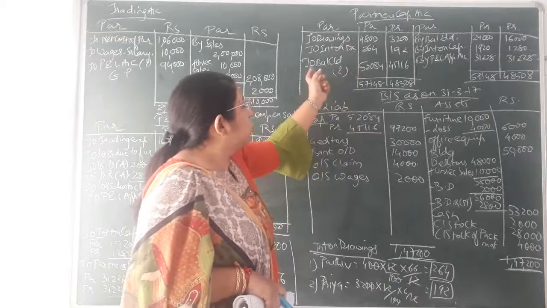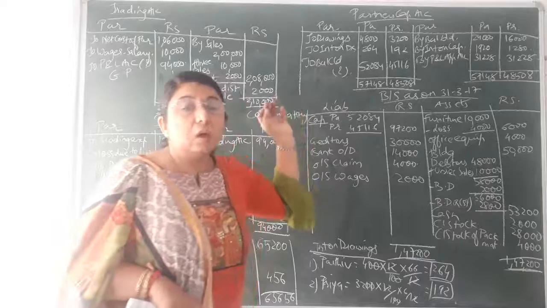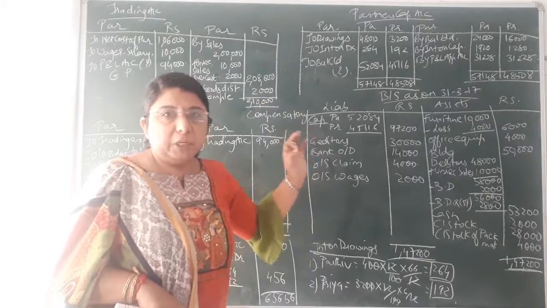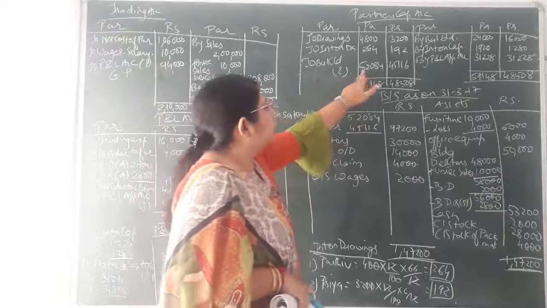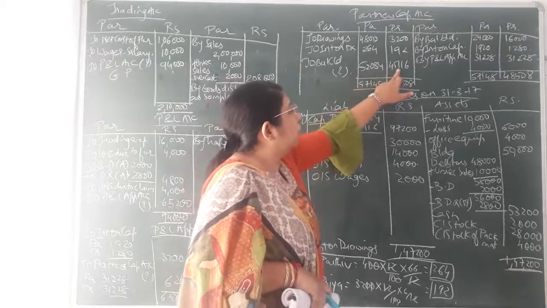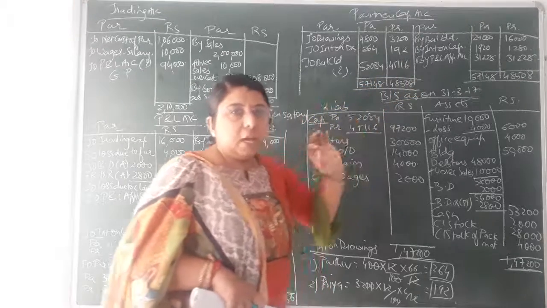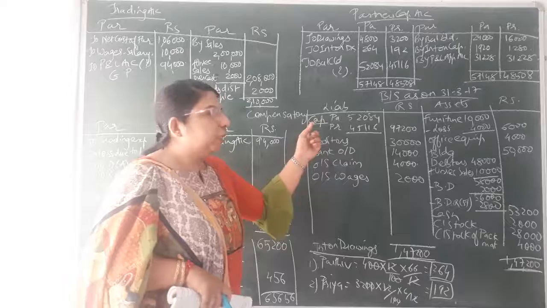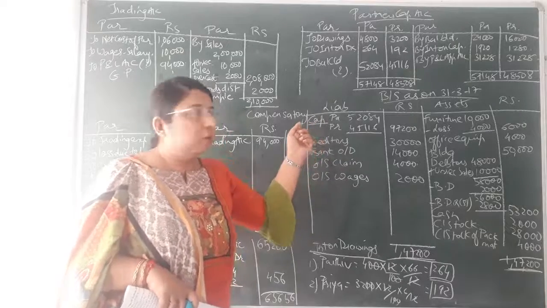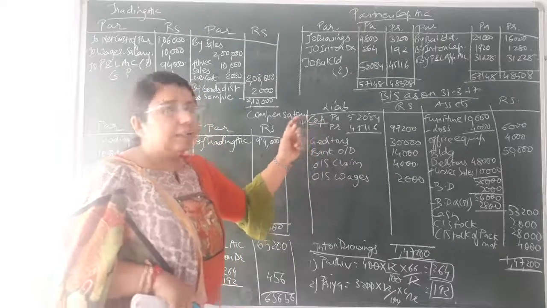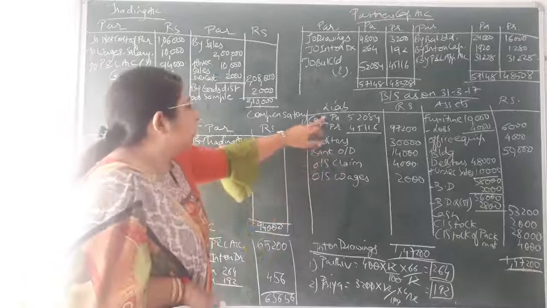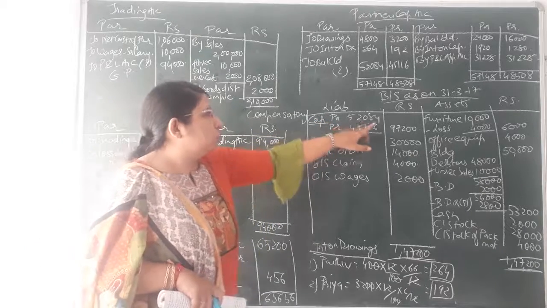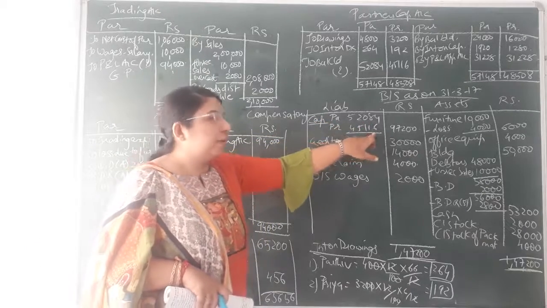The difference would come to balance carried down, because this is the closing balance of capital of the partners, that came to 52,084 and 45,116. That closing capital will be shown in the new balance sheet at the end of the accounting year, that is of Parthiv and Priya, 52,084 and 45,116.